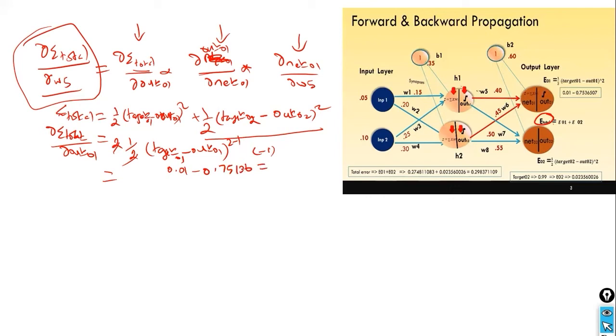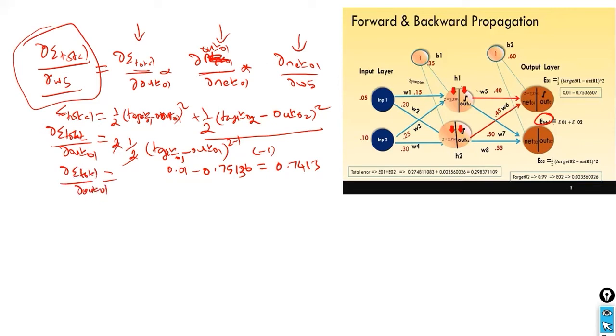If you subtract, you will get 0.01 minus 0.75136, which is minus 0.74136. Likewise, we need to find out the value for each and every derivative here. So this is ∂E total divided by ∂out o1.